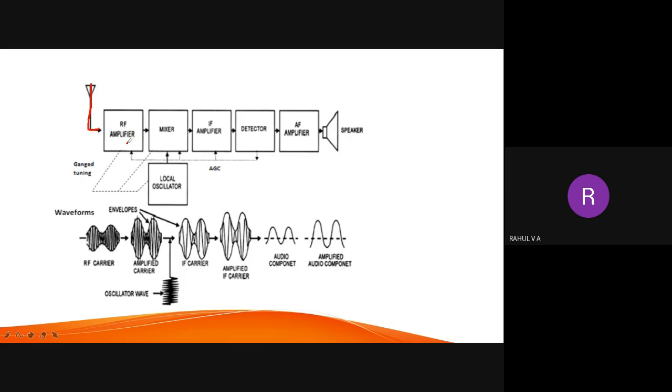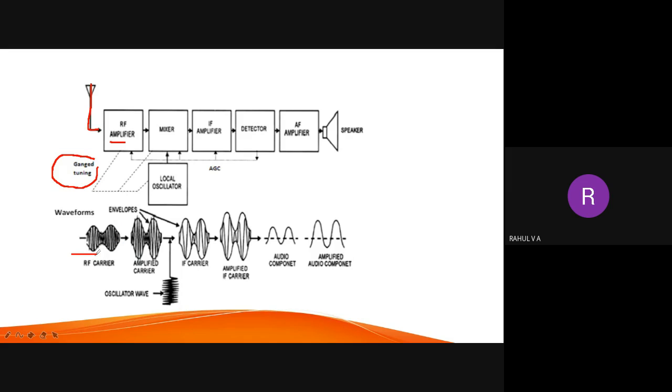From the RF amplifier, we tune the particular station, because the antenna captures all signals, and we tune to the station we want to listen to. We tune with the help of a capacitor circuit. So the tuning takes place, and then we amplify it.